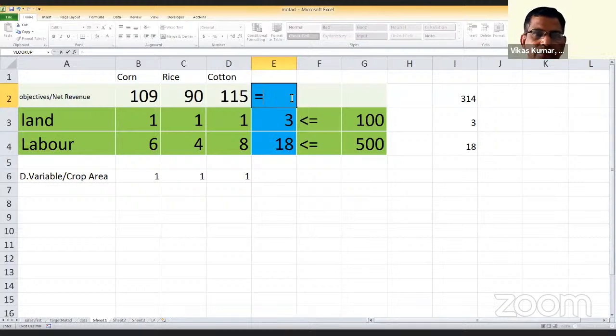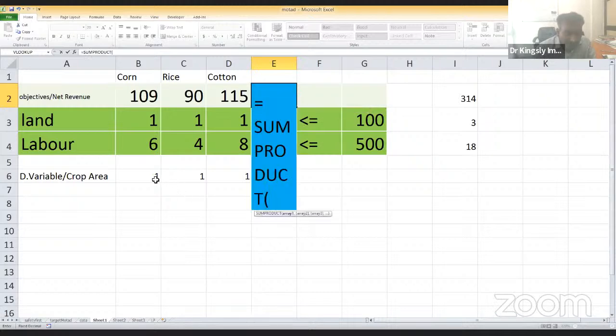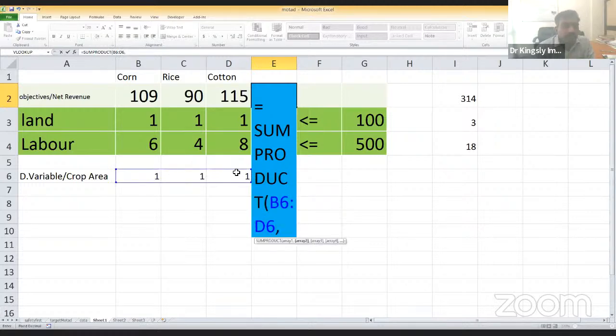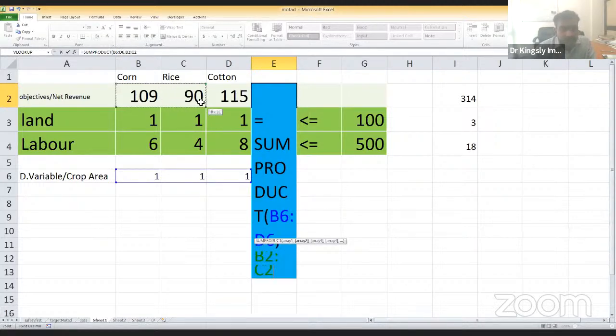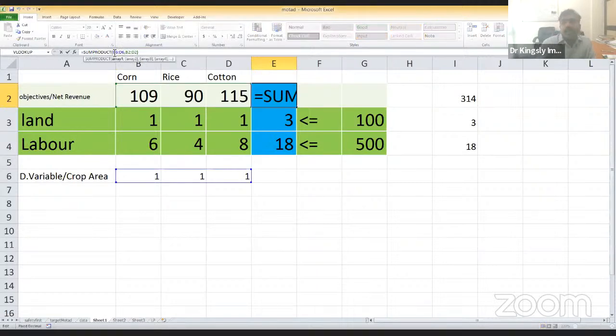So what we will do, we'll just write the sumproduct of area under crop area, comma, and net revenue. So the same value does come. What I need to do is fix the area under the crop.